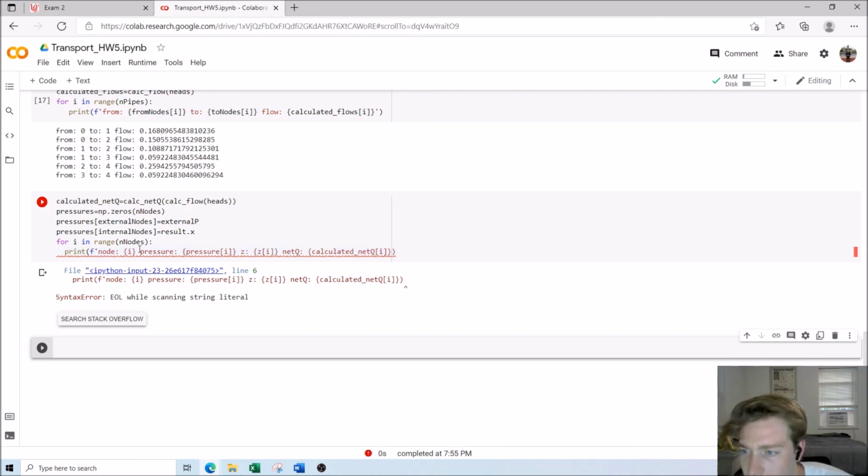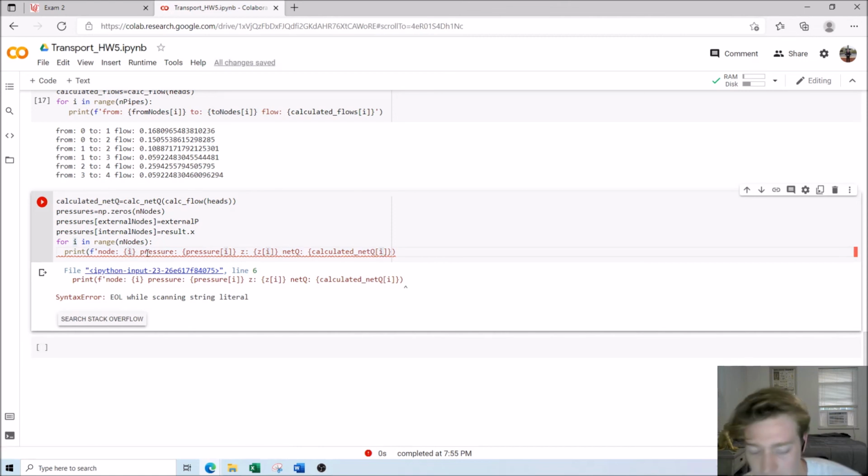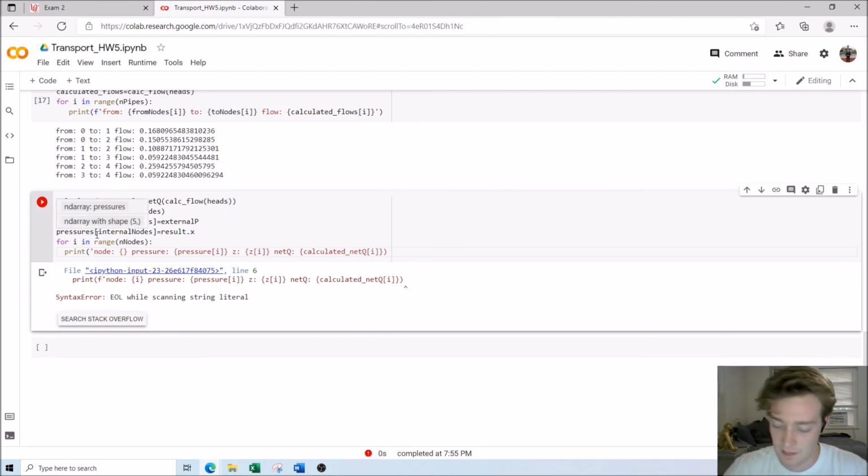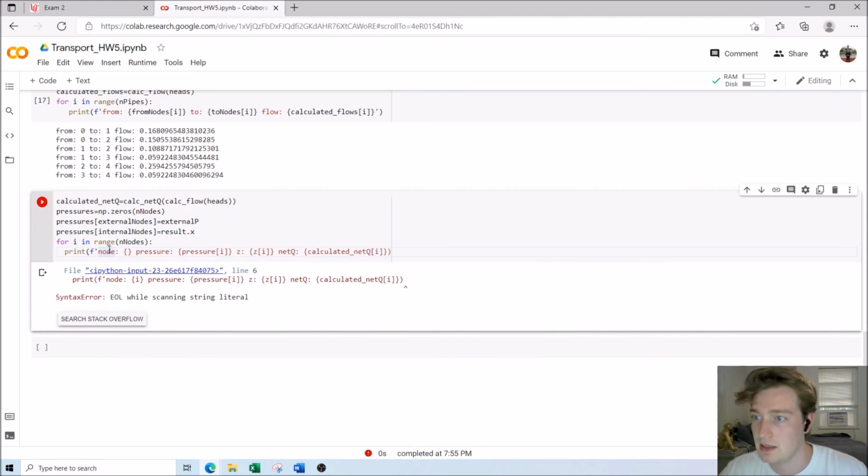So the node, our little curly brackets aren't working. Why not? Because it was working up here, right? F. Let's see.